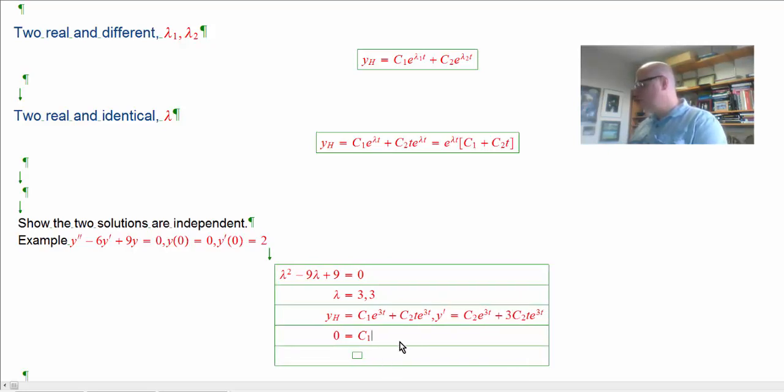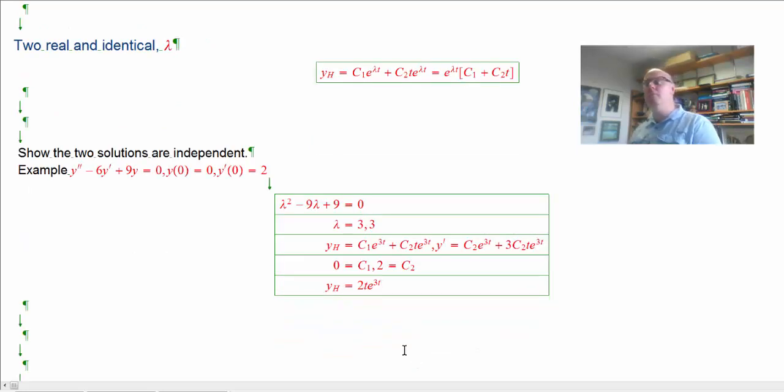When I make t equal to 0 in the derivative, I get 2 out. So 2 is equal to c2. So our solution then, our homogeneous solution, is c1 is equal to 0, c2 is equal to 2. This solves this differential equation and goes through the origin with the slope of 2.